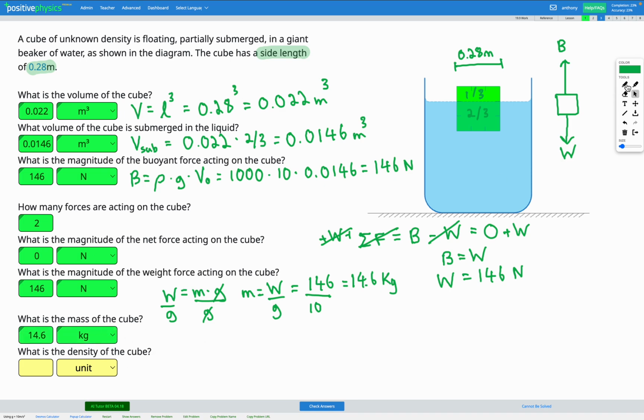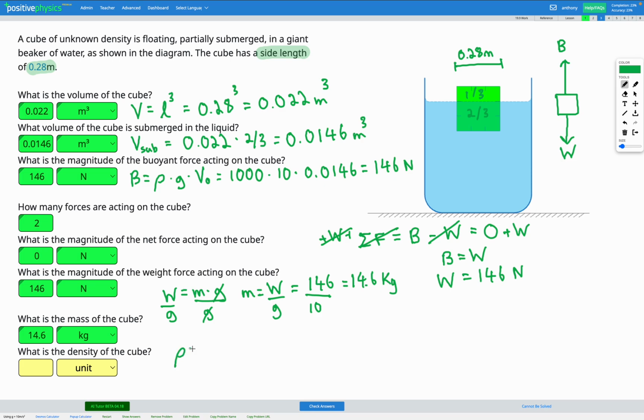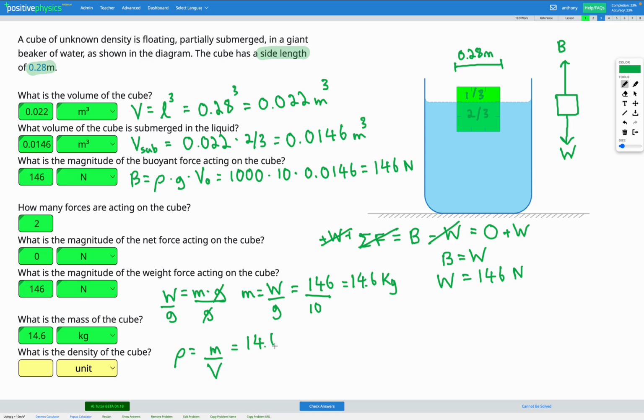Finally, I can find the density of the cube. Our density equation tells us density is mass divided by volume. We're trying to find density, so this is already arranged correctly for us. We just put in our numbers. Our mass we calculated as 14.6 kilograms, divided by our volume, which we calculated right at the top.